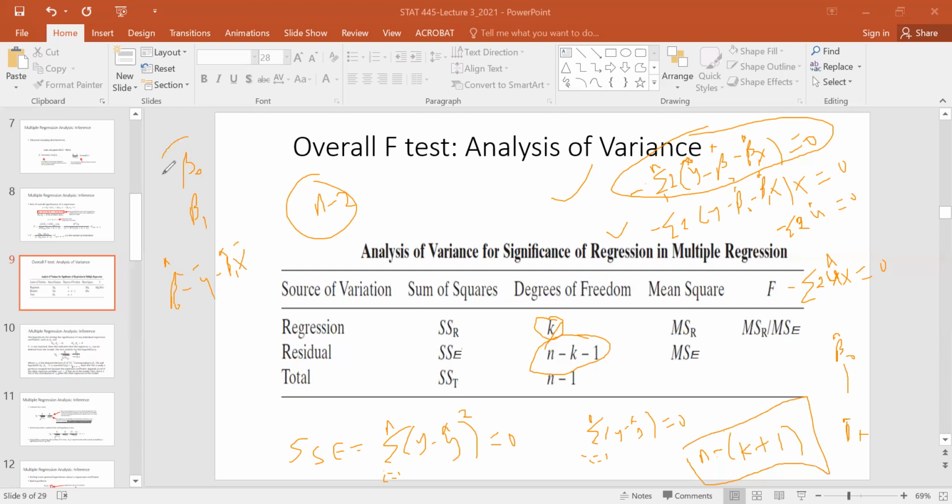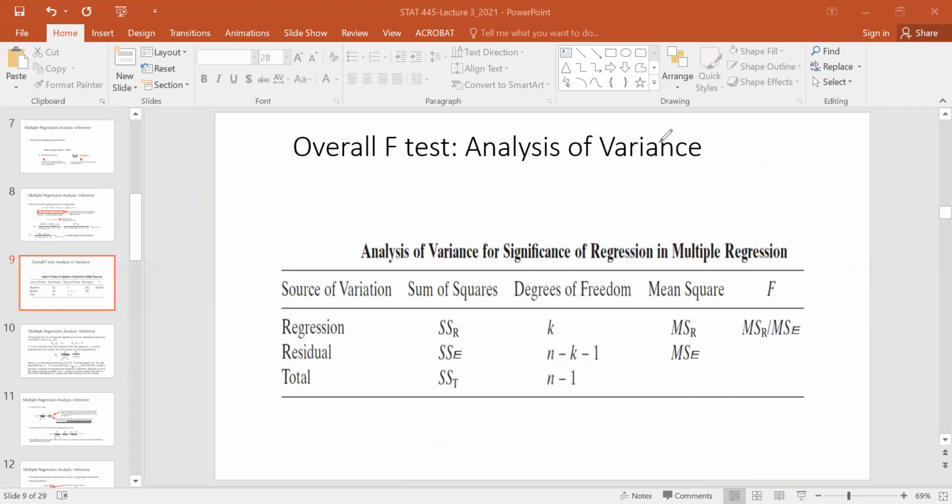So if I know this one, then I know the other one, and vice versa. Although there are k plus 1 parameters, if you know k of them, you'll be able to recover the beta vector. So this also gives us an idea of the degrees of freedom here. If you understand these two, then this minus that gives you this. They should add up. That's the idea.